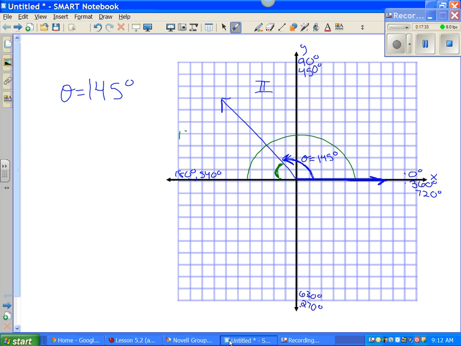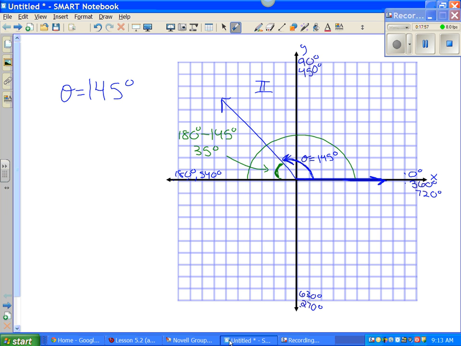Yeah, 180 minus 145, which would be what? 35 degrees. So my reference angle would be 35. That's how you would find a reference angle. A lot of this is going to be common sense. If you know how much the whole piece is, how do you find a part of it? We're going to be doing a lot of that.